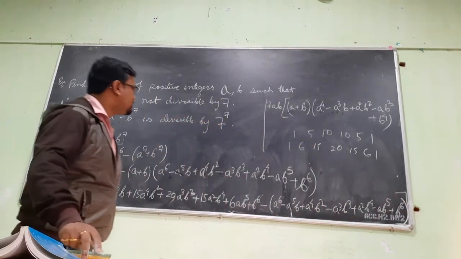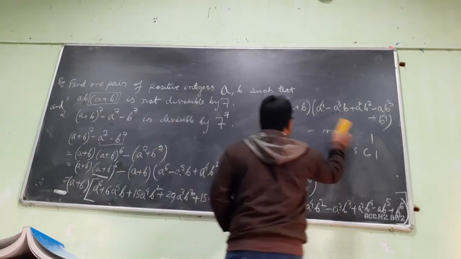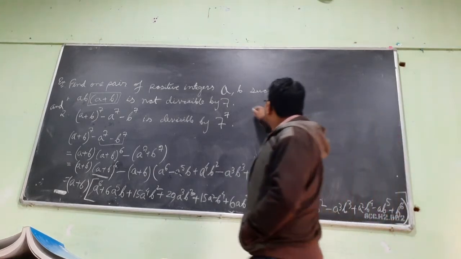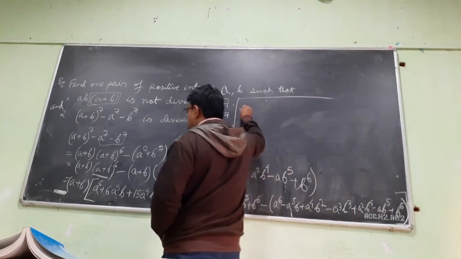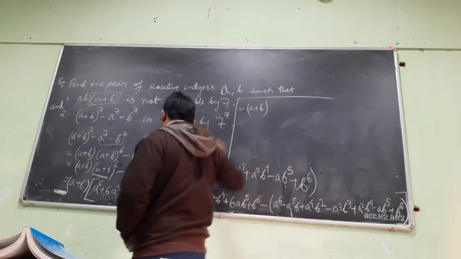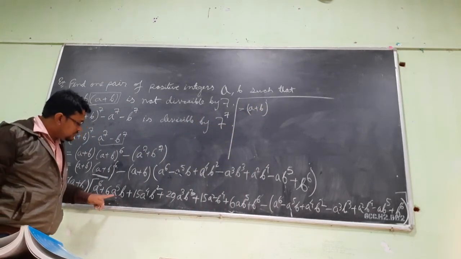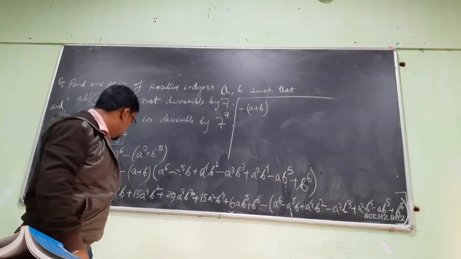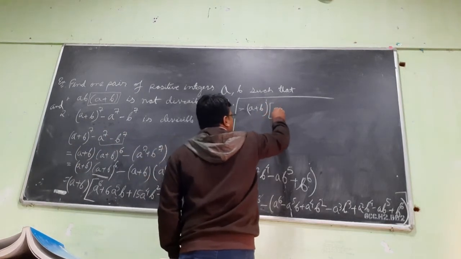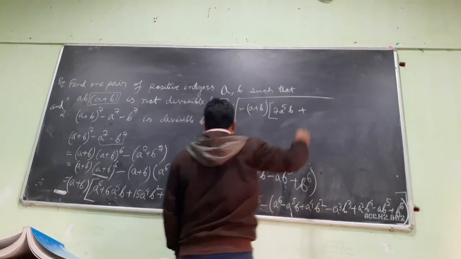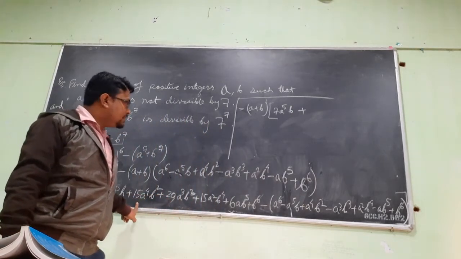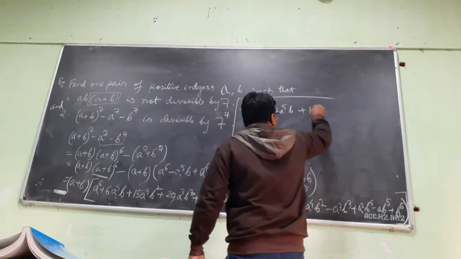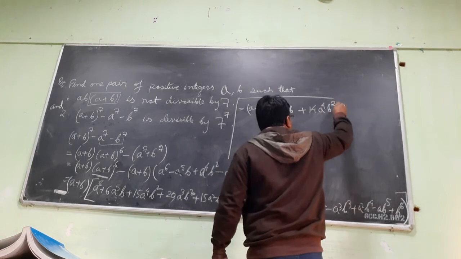So we will be left with a plus b times a to the power 5 b, 6 times, and here you have minus, plus 1 time, so ultimately it is 7 times a to the power 5 b, plus 15 and 1 makes 14 a to the power 4 b square.